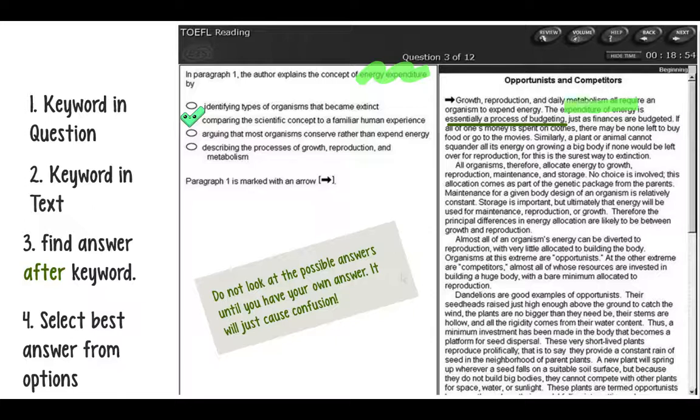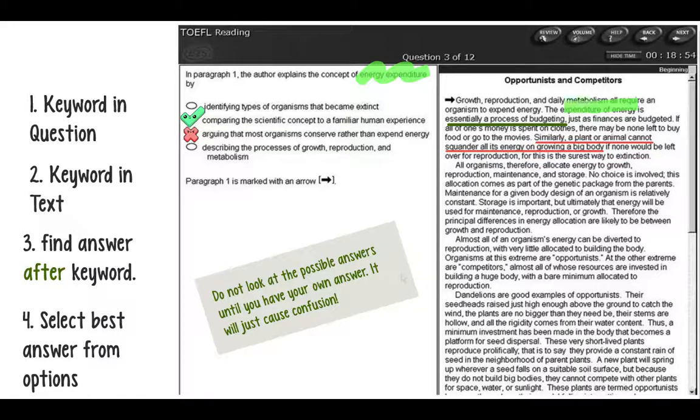So really, why are options 3 and 4 not correct? First of all, 3 is not correct because they do say that organisms conserve rather than expend energy later, but that's not how the professor explains the concept of energy expenditure. The writer just says that organisms do that.